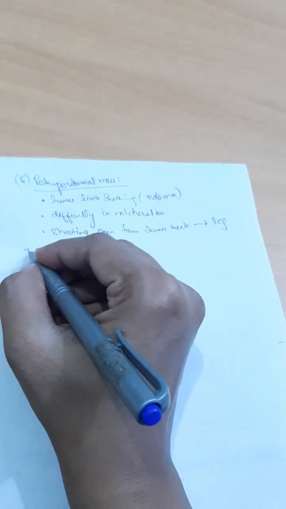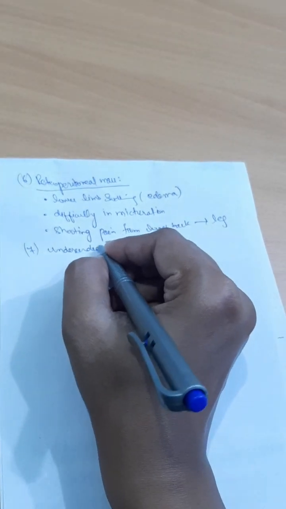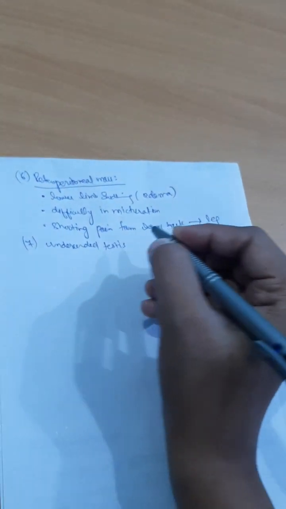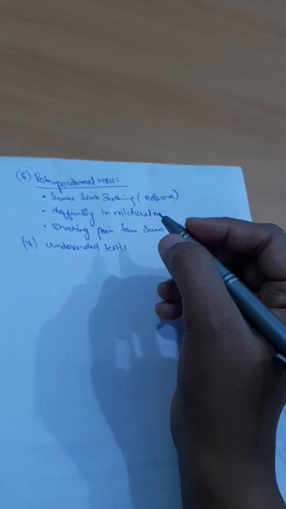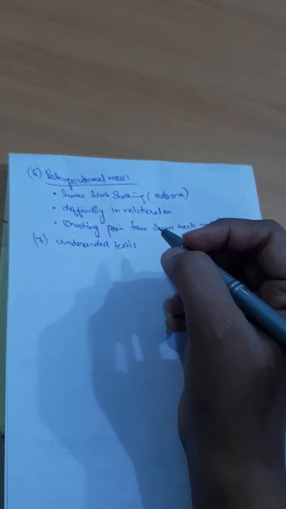Okay, if the patient is male, then you should ask about the undescended testes. Ask the patient whether the testes have remained in the scrotum since birth. So this is very important.